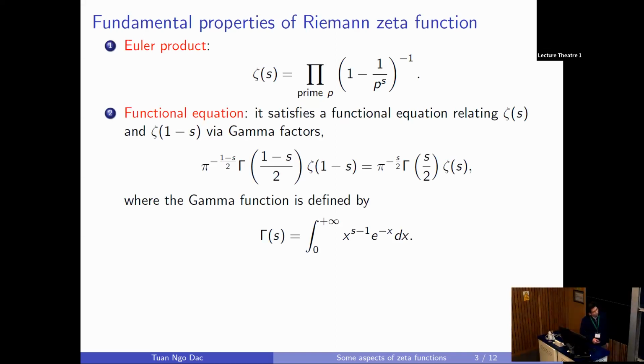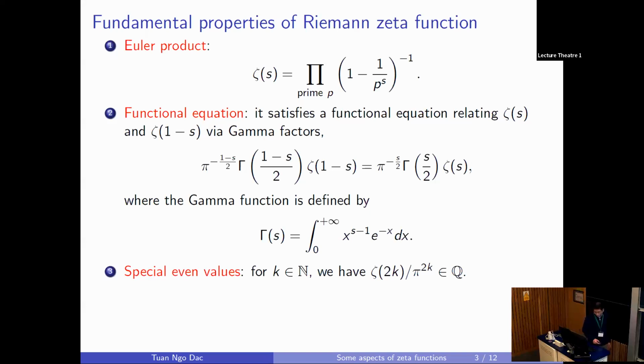The second property is a kind of functional equation. It says that the Riemann zeta function satisfies a functional equation relating the value at s and the value at 1 minus s via a gamma factor. So you have a kind of symmetry between 1 minus s and s here, where the gamma function is defined by a very simple expression.